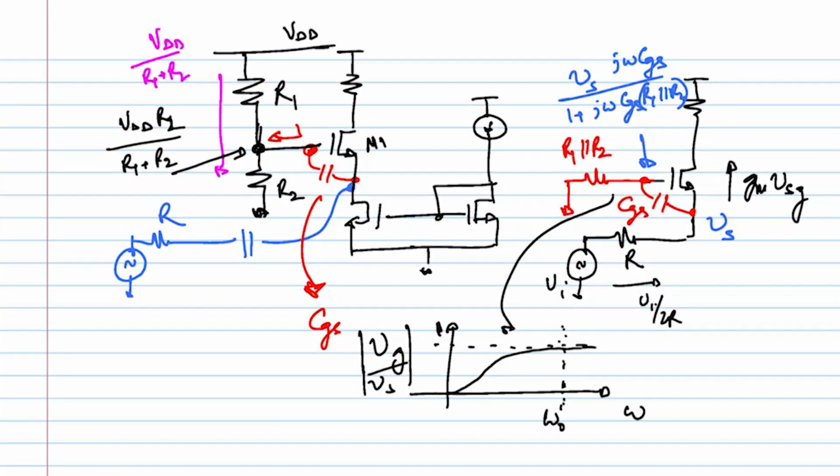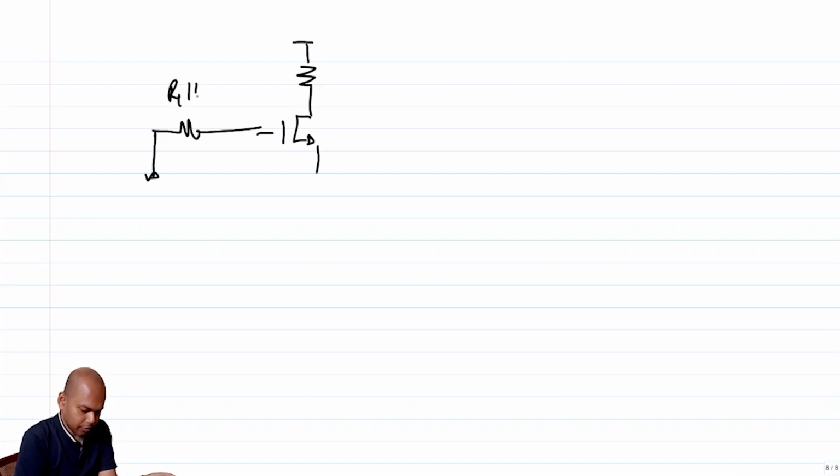A very good extension to this is to find out the effective input impedance of this contraption. I will let you do it as a DIY. So this is R1 parallel R2, CGS.